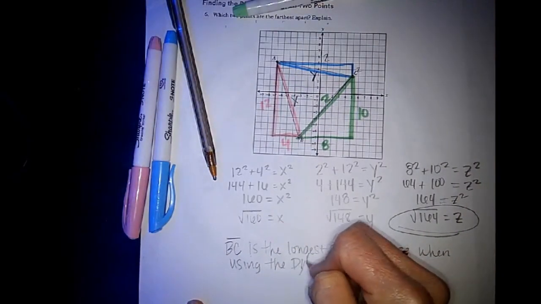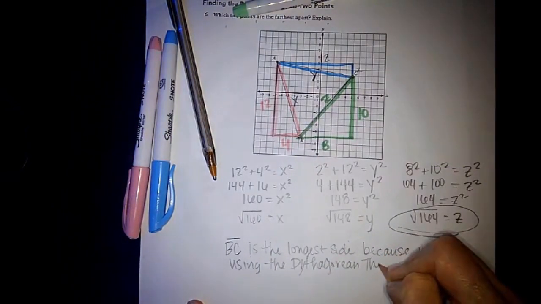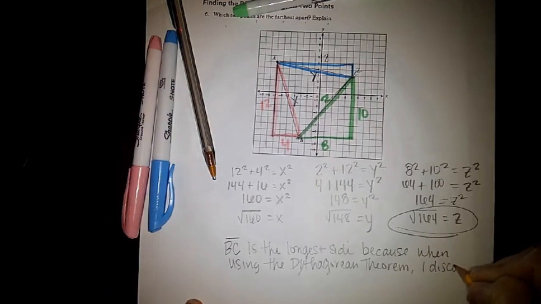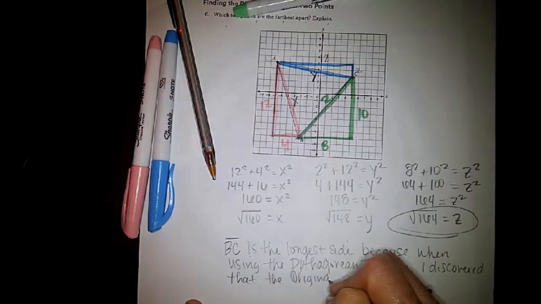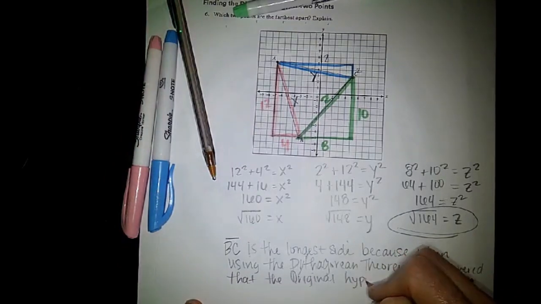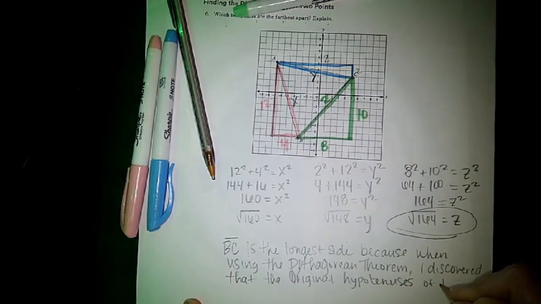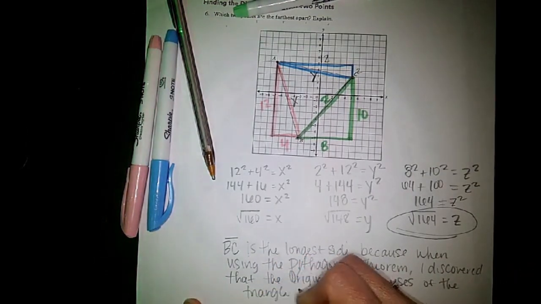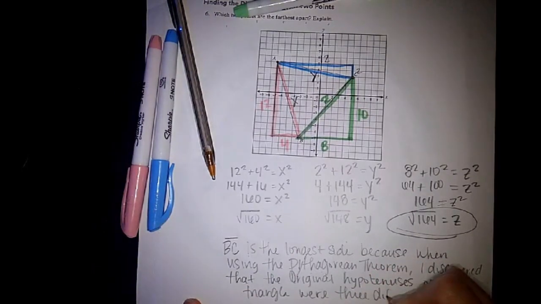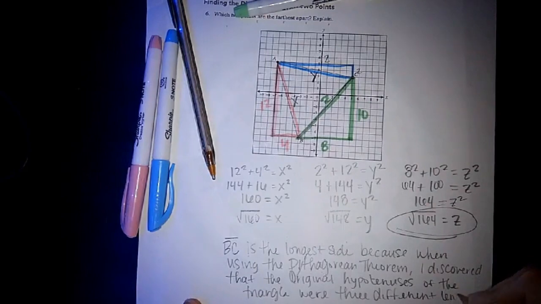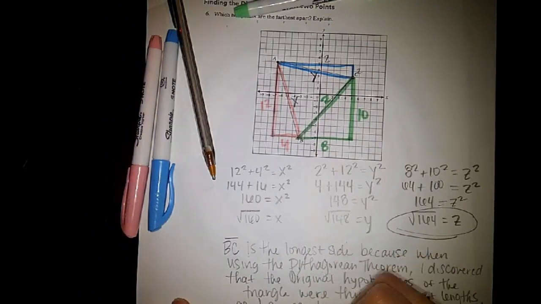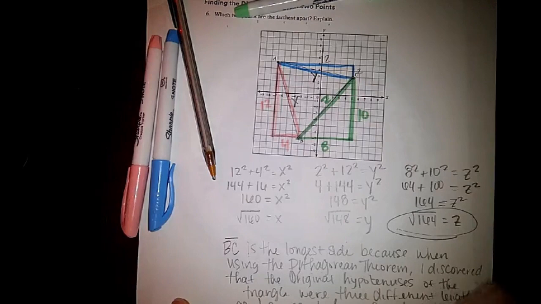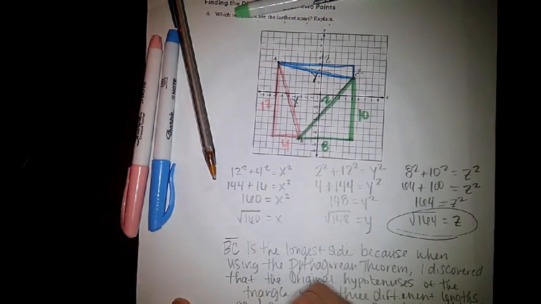I discovered that the original hypotenuses of the triangle were 3 different lengths. This is what an explanation looks like.